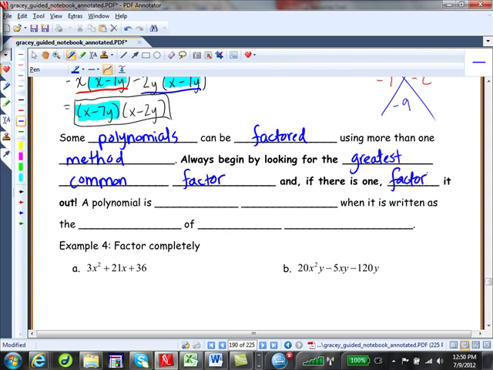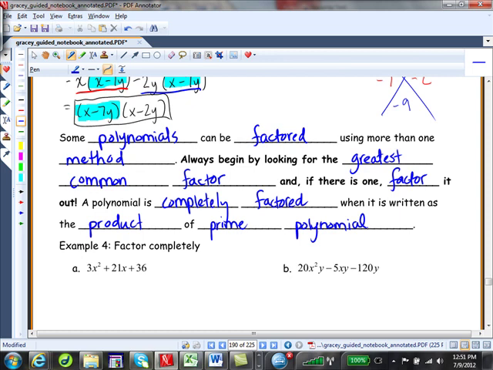A polynomial is completely factored when it is written as the product of prime polynomials. So now what we're going to start looking for is, can I factor out something from all the terms?